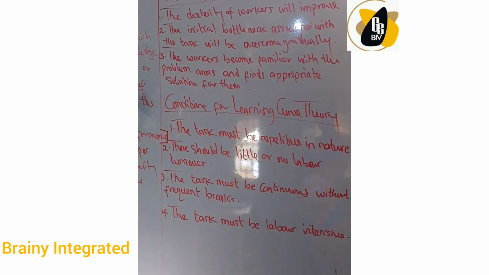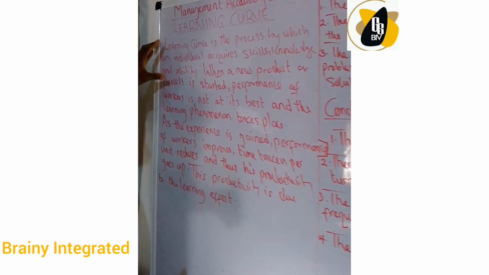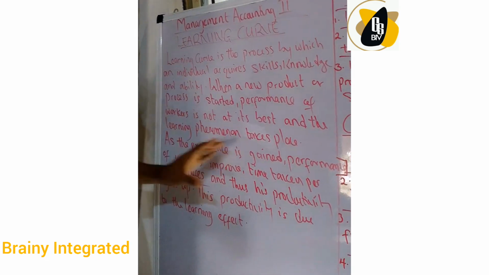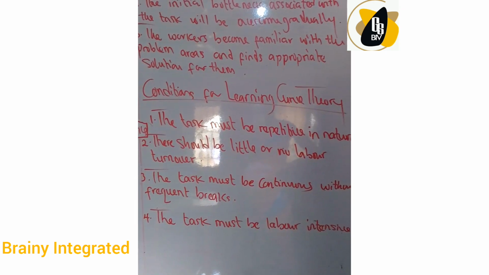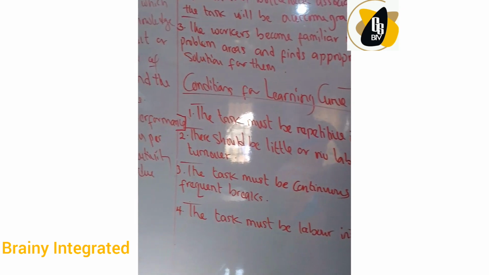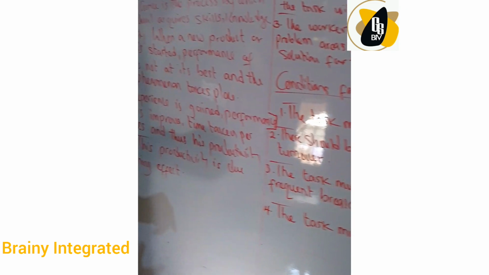So this is the explanation about learning curve theory. I've talked about the meaning of the learning curve, the advantages, and the conditions under which learning curve theory can operate. After this, we want to go and look into illustrations. I'm going to be solving two examinable illustrations, right?